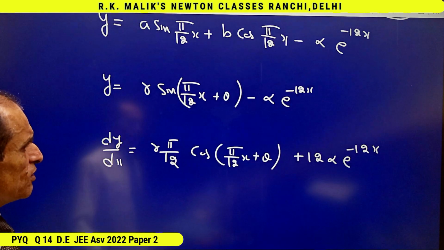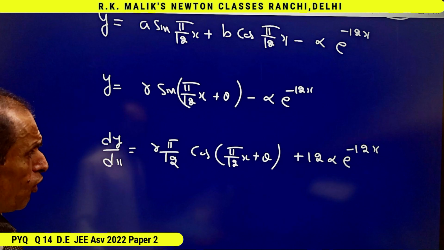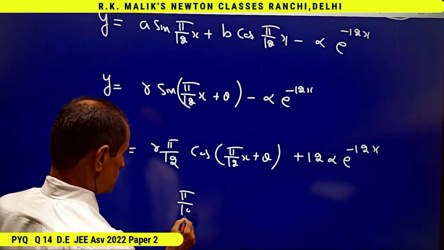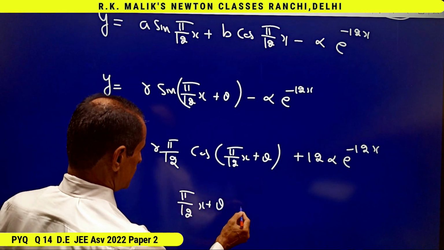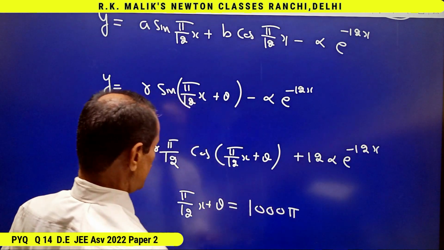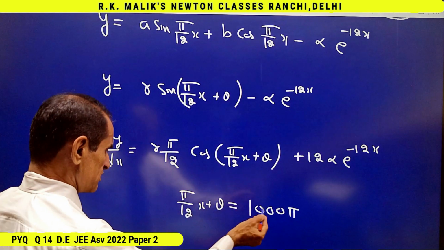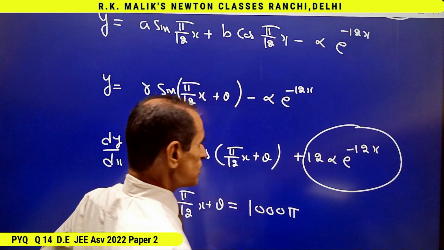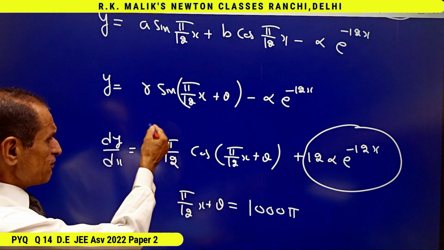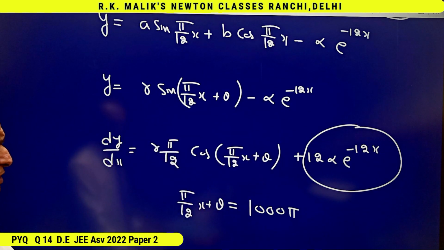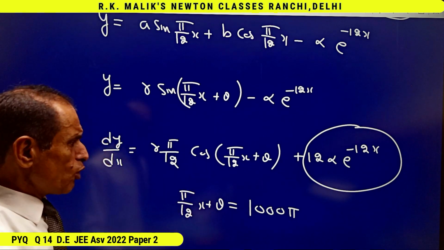It's clear that if I take a very large value of x, say pi by 12 x plus theta, say it is so, if I take the value of x such that this is equal to this, it will be nearly 0, but the value of this will be r pi by 12, that is dy over dx is positive for this value.